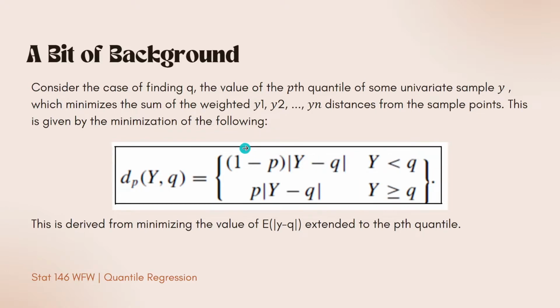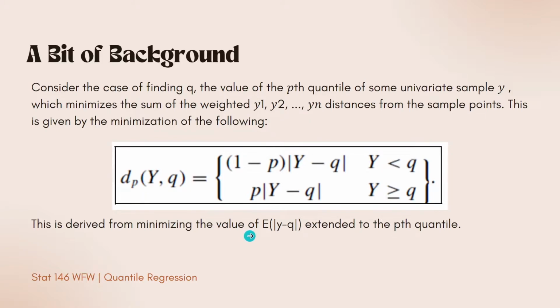And if you are wondering where this comes from, this is derived from minimizing the expected value of the absolute value of y minus q, extended to the pth quantile. The expected value of the absolute value of y minus q can be interpreted as a minimization problem, and if you work it out, you will see that the minimum will be found at the median.